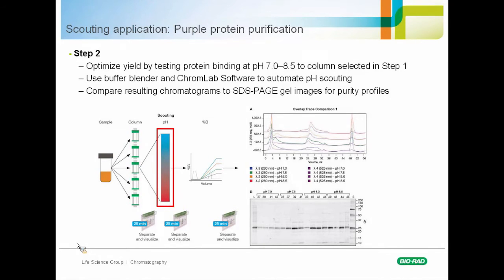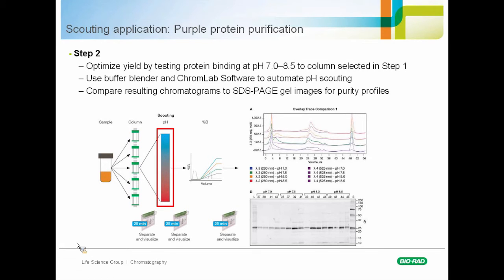This was achieved using the buffer blending valve, which, if you're not familiar with it, is a valve that enables you to automatically prepare buffers in the system just from stock solutions at the required pH and salt concentrations. The buffers are prepared automatically, the run is completed at a given pH, and then the system would switch, load more sample, and prepare the buffers at the next pH required.